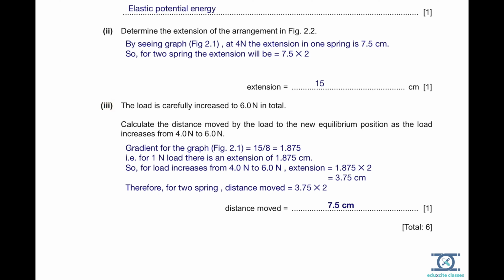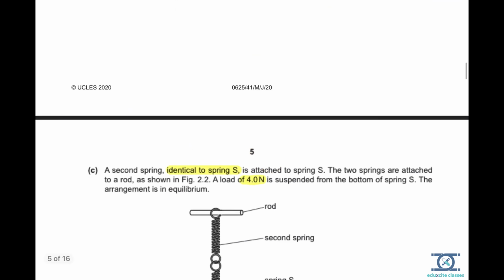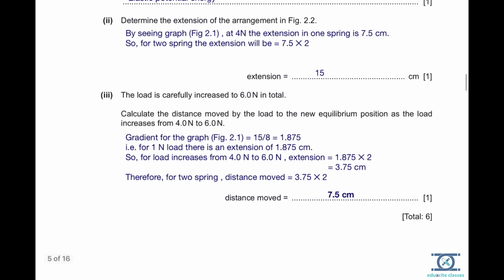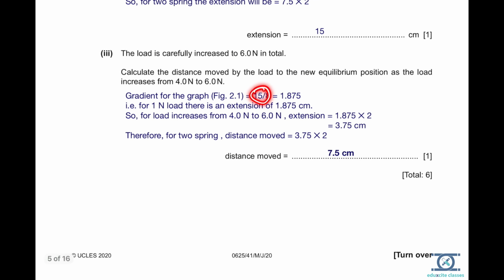What you are supposed to do is find the gradient for the graph, that is, per 1 Newton how much extension there is. So for 8 Newton it has 15 centimeter. So for 1 Newton it will be 15 divided by 8. So we get an extension of 1.875 centimeter for 1 Newton of load.